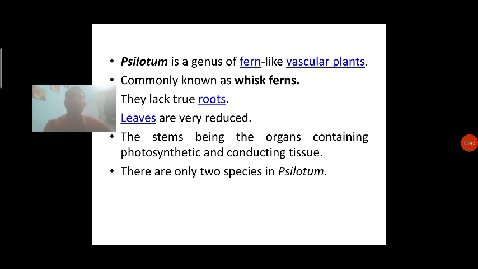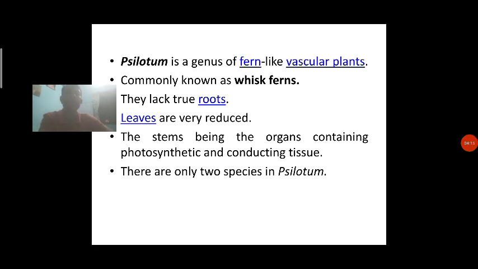So this basic information gives us an idea that Psilotum is a fern, known as whisk fern, and it lacks roots. Instead of roots there is a presence of rhizoids, and the leaves of Psilotum are very small and reduced in size. The stem is the organ containing photosynthetic and conducting tissues.